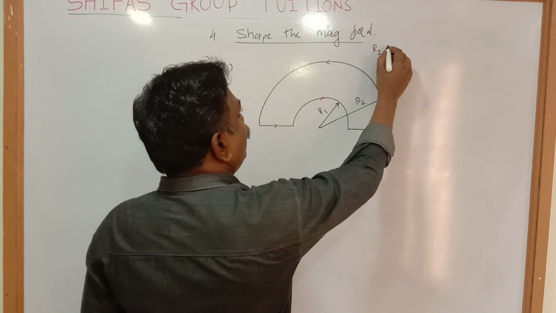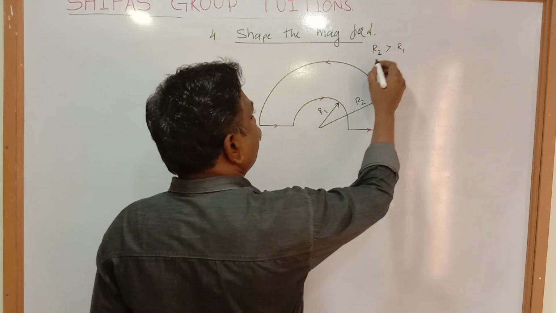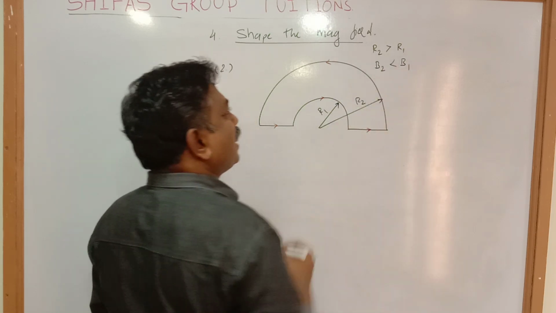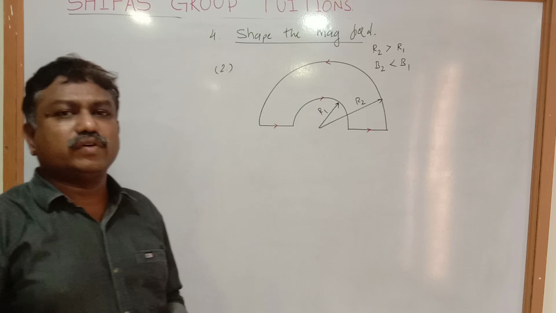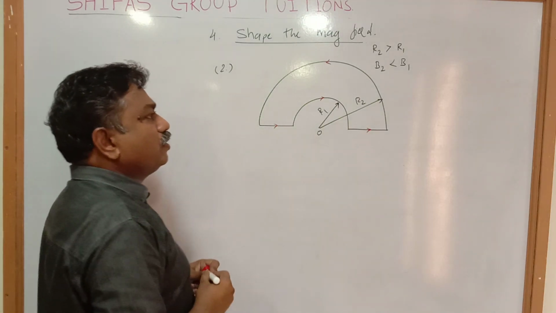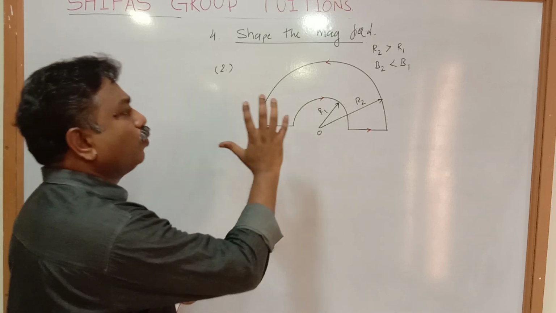Remember R2 is greater than R1, so the strength of B2 will be less than B1, as B and R are inversely proportional. Now dear student, this is the point O. So how many parts do you see over here?